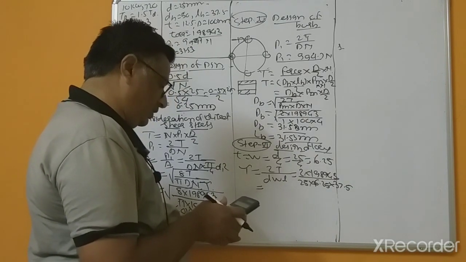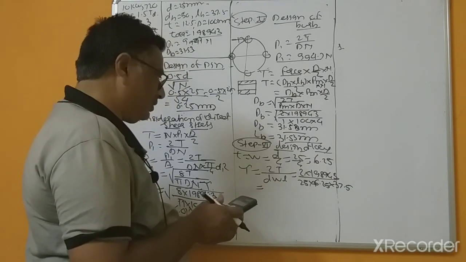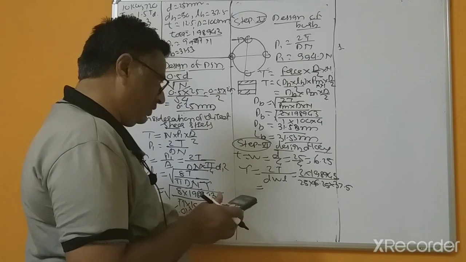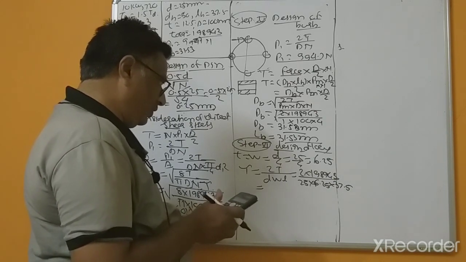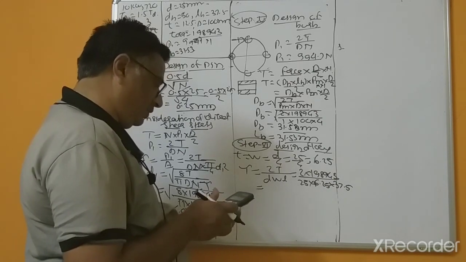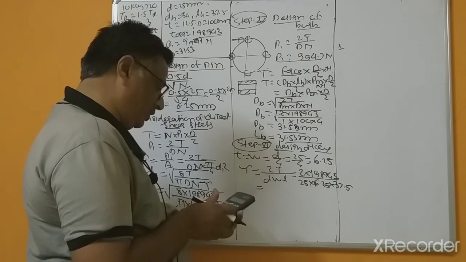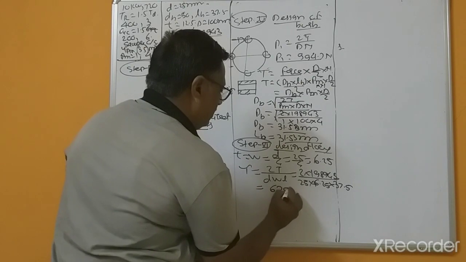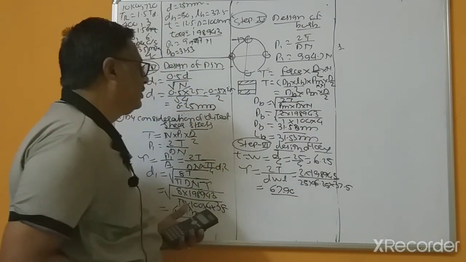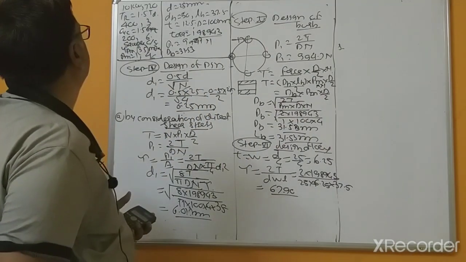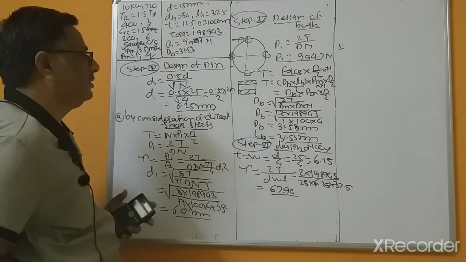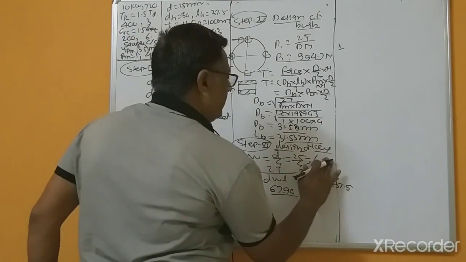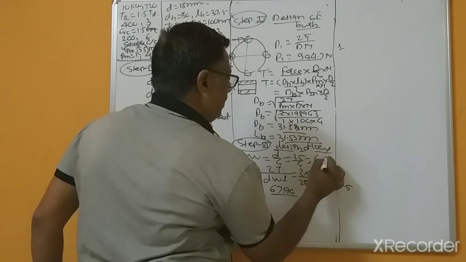198943 multiplied by 2 divided by 25 divided by 6.25 divided by 37.5. This is 67.90. This is, I think, 66. So that's why here we slightly increase. This is 6.5.